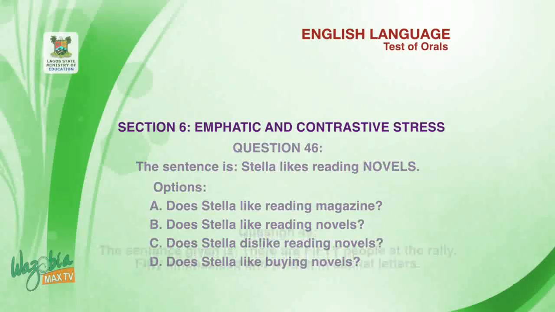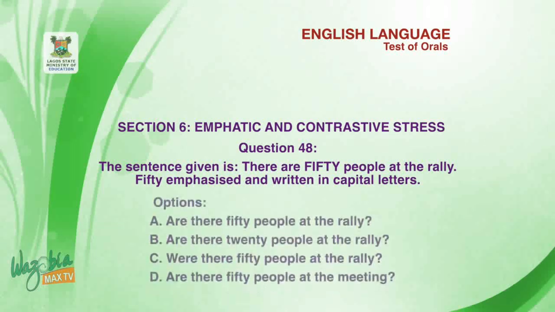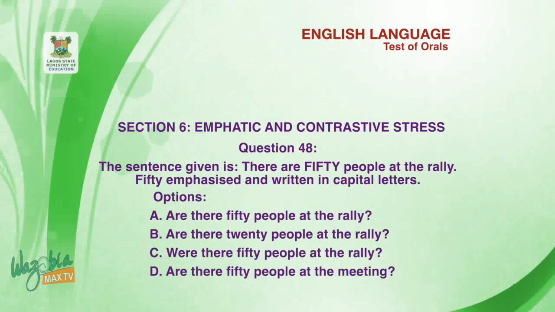Question 48. The sentence given is, there are 50 people at the rally, with 50 emphasized and written in capital letters. Option A, are there 50 people at the rally? B, are there 20 people at the rally? C, were there 50 people at the rally?